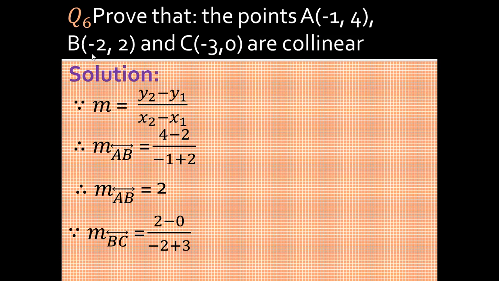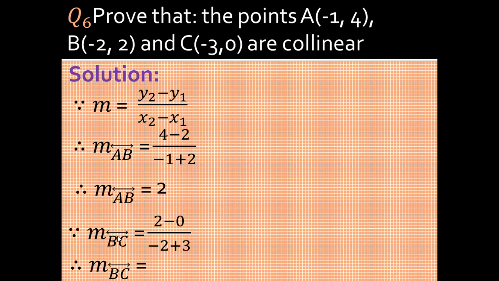Minus negative, we can convert it into plus. So we can write -1 plus 2. 4 minus 2 equals 2 over -1 plus 2 equals 1. 2 over 1 equals 2. And this is the slope of the straight line passing through the points A and B.